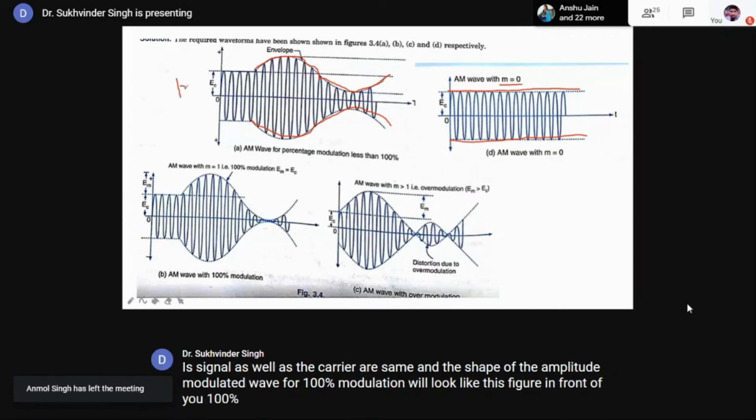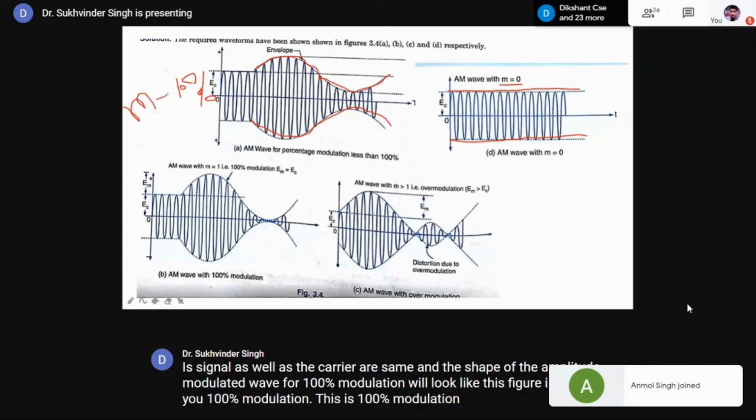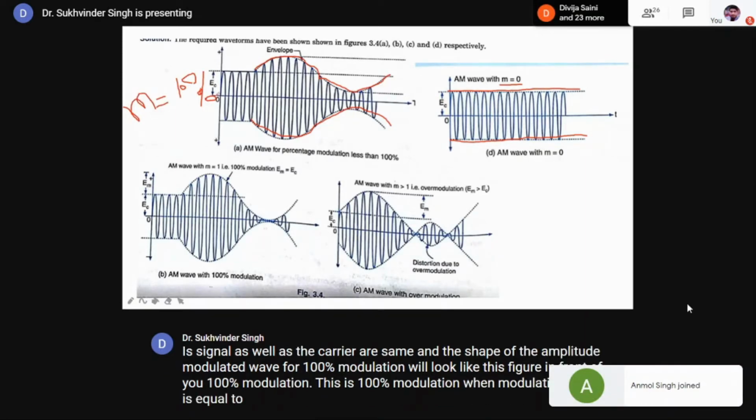This is 100% modulation, when modulating signal is equal to carrier signal.